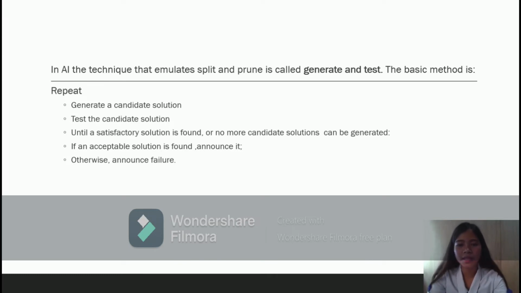The basic method is: repeat. Generate a candidate solution, test the candidate solution, until a satisfactory solution is found or no more candidate solutions can be generated. If an acceptable solution is found, announce it. Otherwise, announce failure.